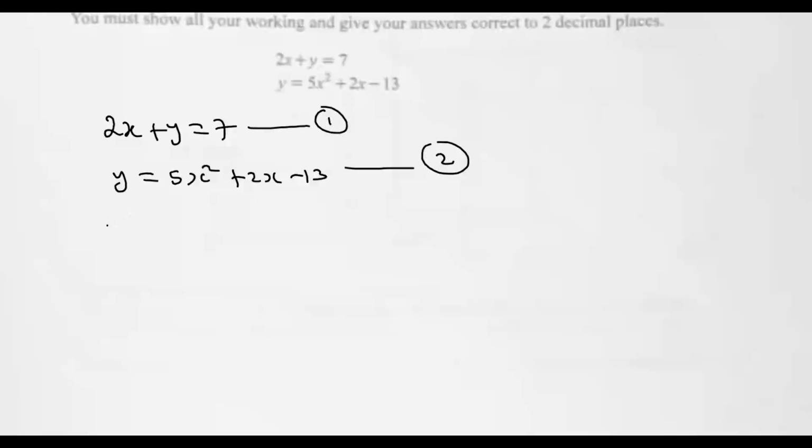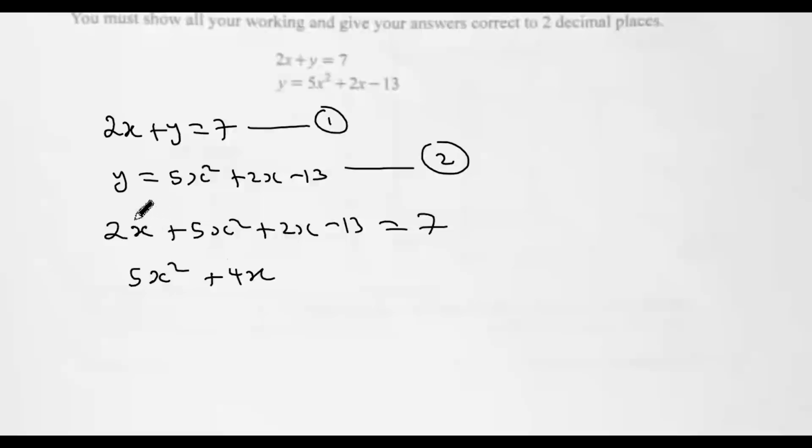So we're going to have 2x then plus 5x squared plus 2x minus 13 then equals 7. So if you rearrange this very well, we're going to have 5x squared plus 4x, that is this and this add up to 4x, then minus 13.